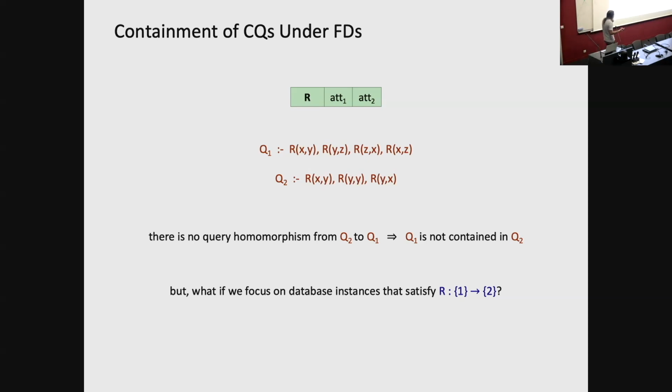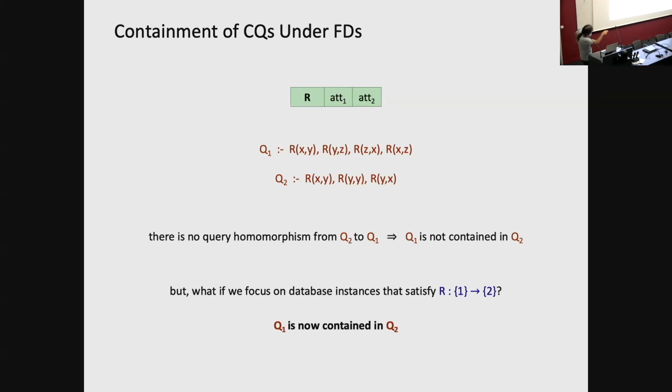Do we gain anything now in this case? And the answer is yes. Actually, if we forget about all the other databases that don't satisfy this functional dependency, then in this case the containment holds. Let's see why. Take this query Q1. If this query is satisfied, in the sense that we can map this query to a database, and recall our databases satisfy this constraint, it means that we can safely conclude that Y and Z are mapped to the same symbol.